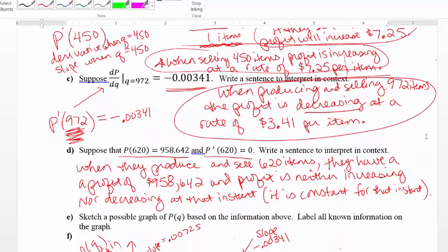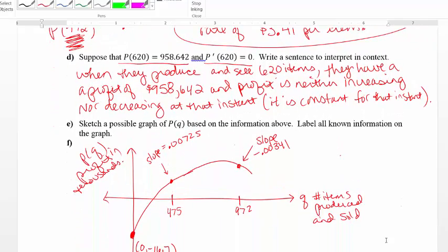And lastly, part D, they did give us a point on the graph saying if you go over to 620, the height of the graph is 958.642, so that's in between here somewhere. And it said that is where the function has a slope of 0 for an instant.